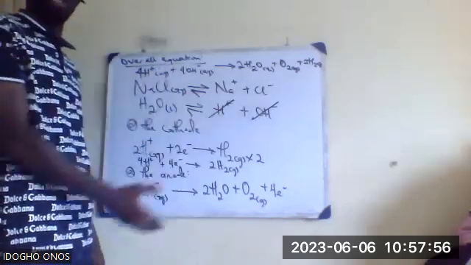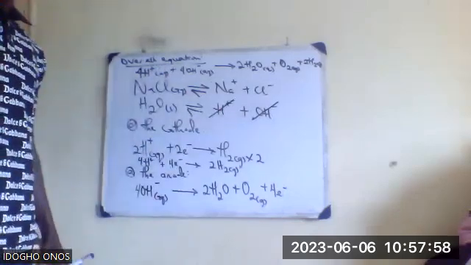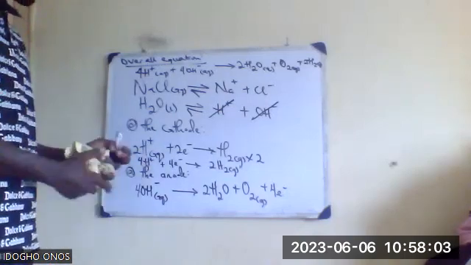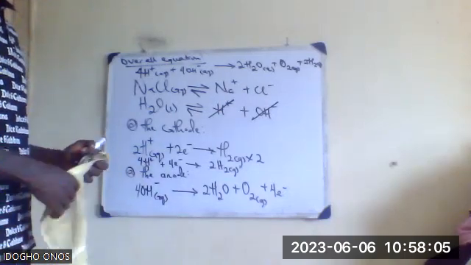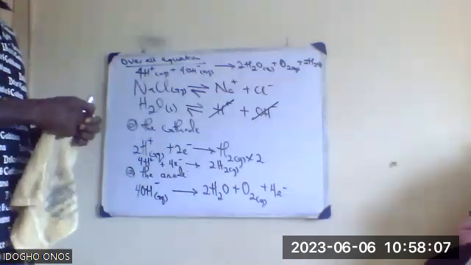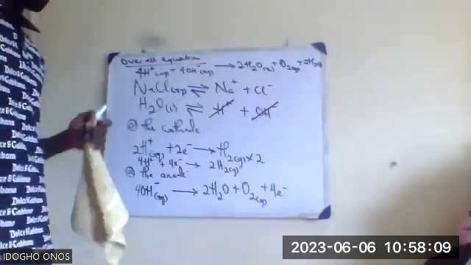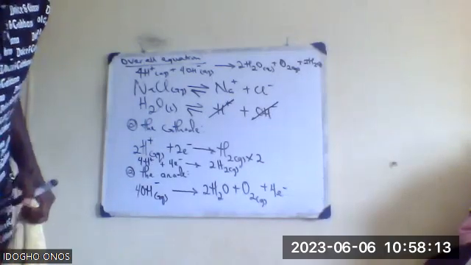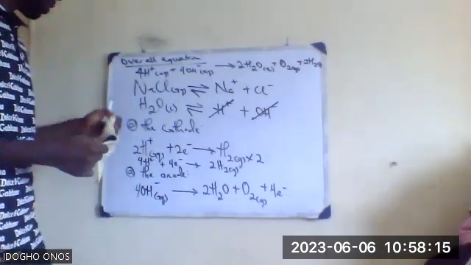So the concentration increases. I think this is well taken. So let's look at another example. Then we can now begin to look at calculations on electrolysis, like I said.